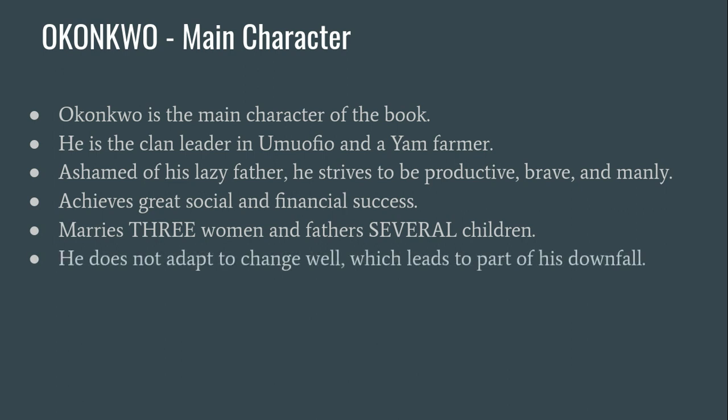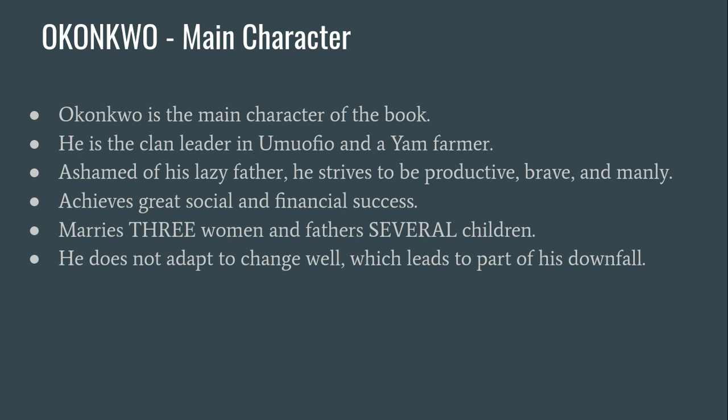He does not adapt well to change, and you see that very quickly in one of the early chapters, chapter 2 or chapter 3, where he goes against one of the rules of their culture, which we'll talk about in a little bit.